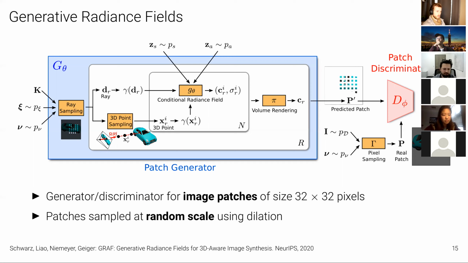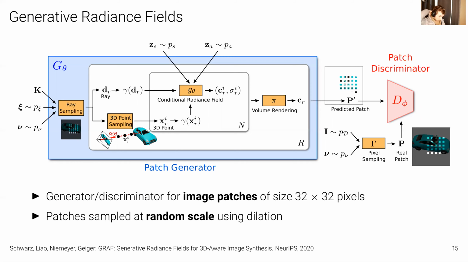So you always evaluate 32 by 32 pixels, but the distances between these pixels we sample, right? We do it for the real and fake patches. This way, the discriminator sees the full image in a downsampled resolution, but it also sees close-ups.